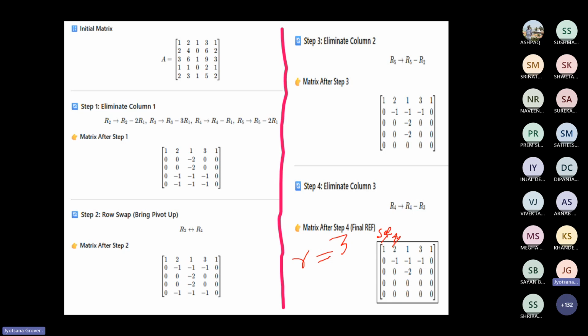REF is useful for finding the inverse of a matrix. It is useful for finding linear independence, and in finding multicollinearity. We'll look at this in PCA, which you will study after mid-sem. PCA is very important, because if you have say 10,000 features, not all will be useful.